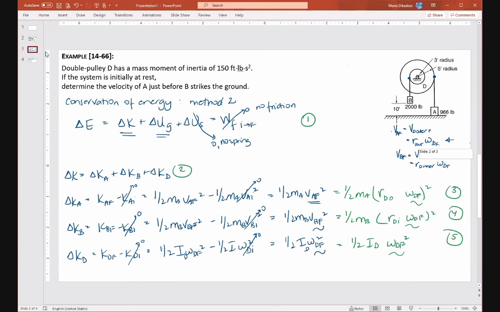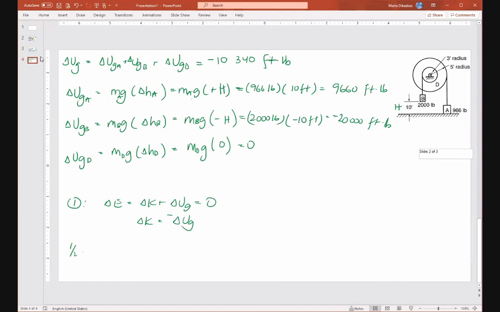Take these things and incorporate them. And now it's the minus delta UG. So minus.